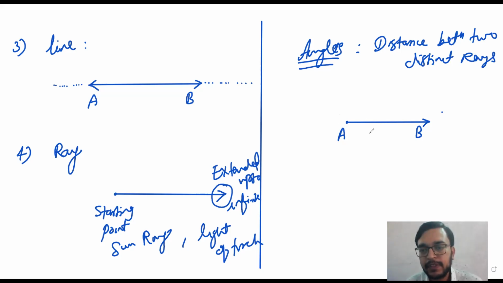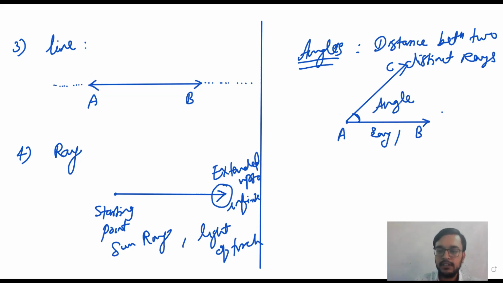Consider one ray, this is ray AB, and consider a second ray, that is ray AC. Now this distance between these two rays is called angle. Okay, do you understand what is meant by angle?